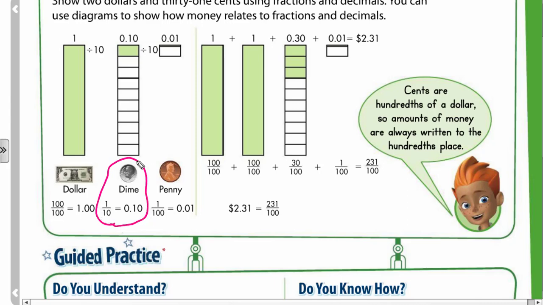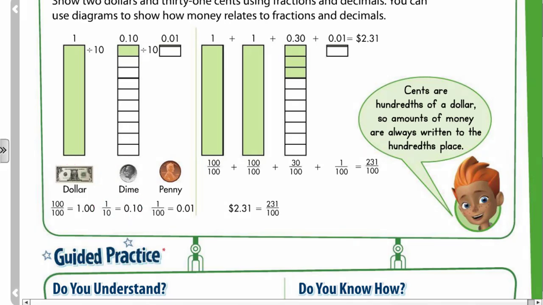So it's 1/10, right? Yeah. Okay. So we have the dollar is the whole one. Remember, this is a whole one, and the dime is 1/10, and the penny is 100th. Okay.